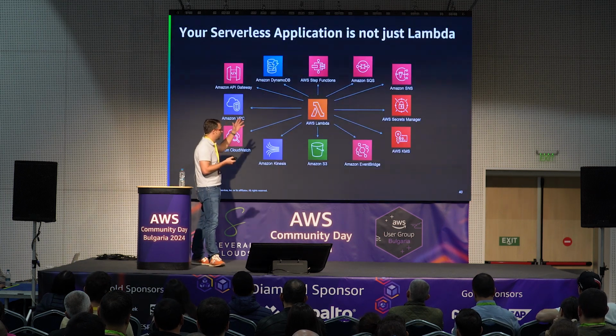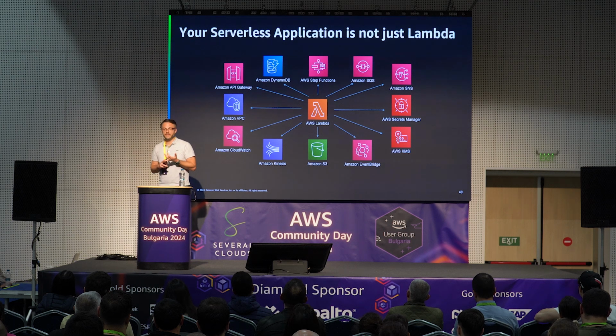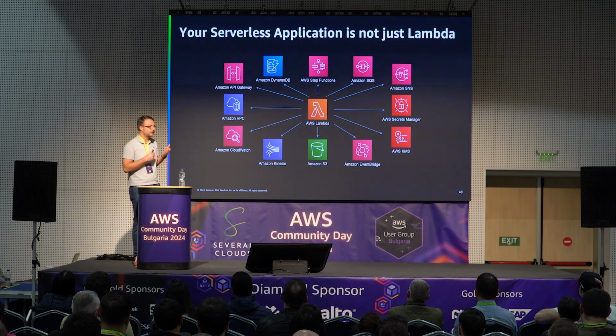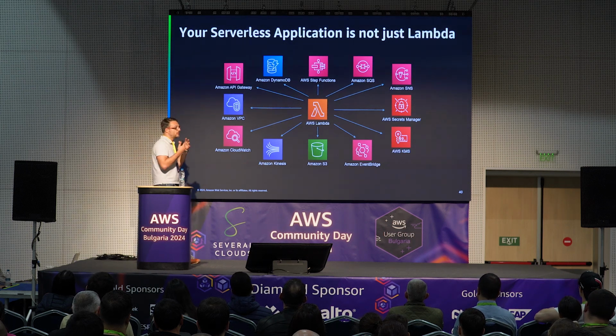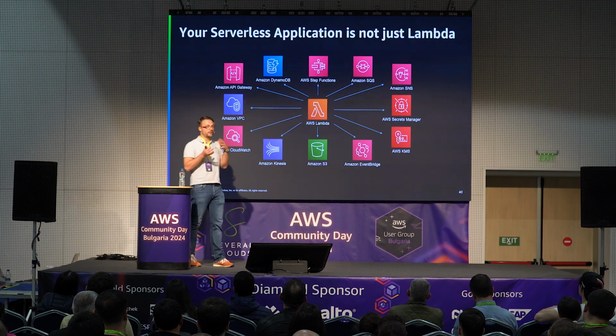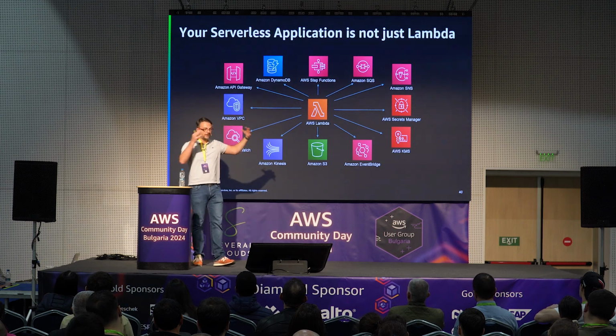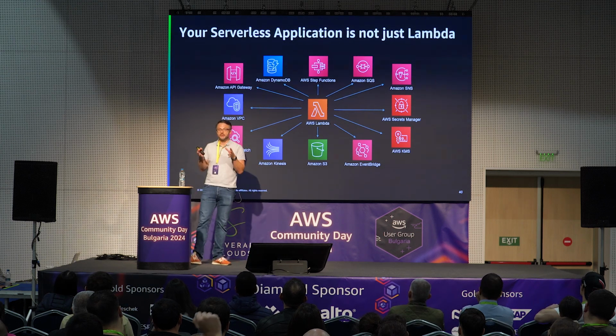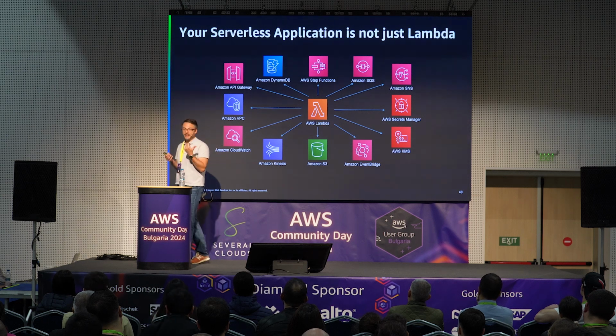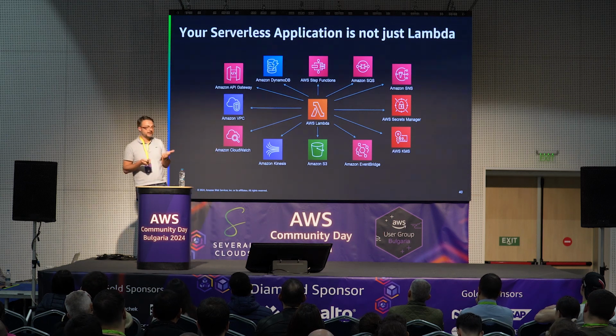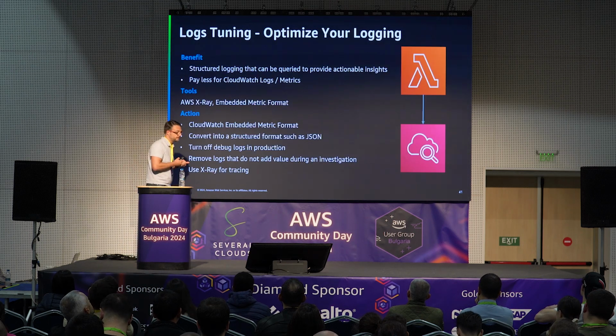It is a variety of things connected in your application. And you probably should also spend more time understanding the whole application and maybe thinking about what other things you can optimize to get a better price and a better performance.